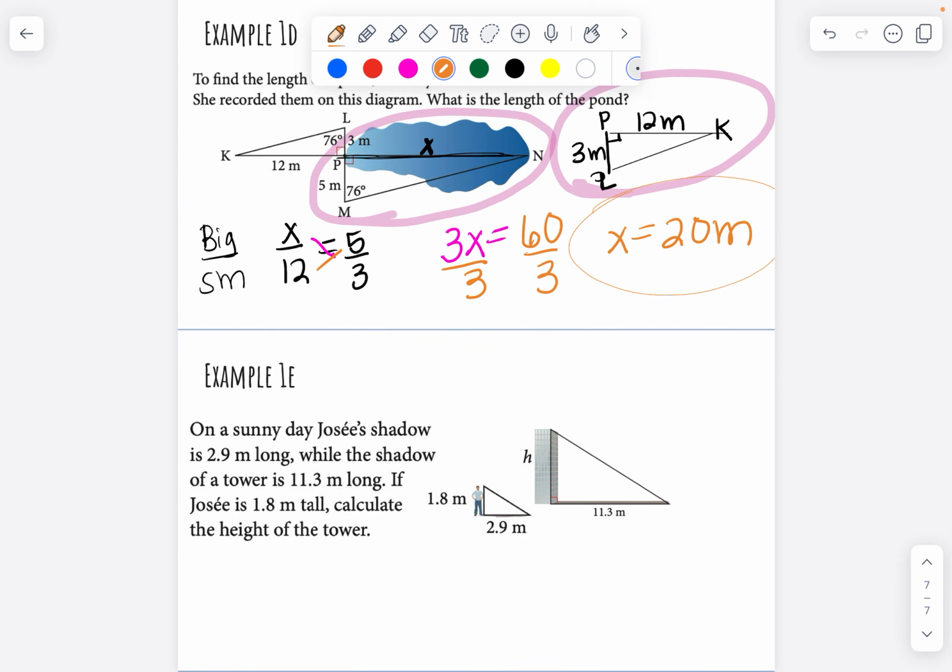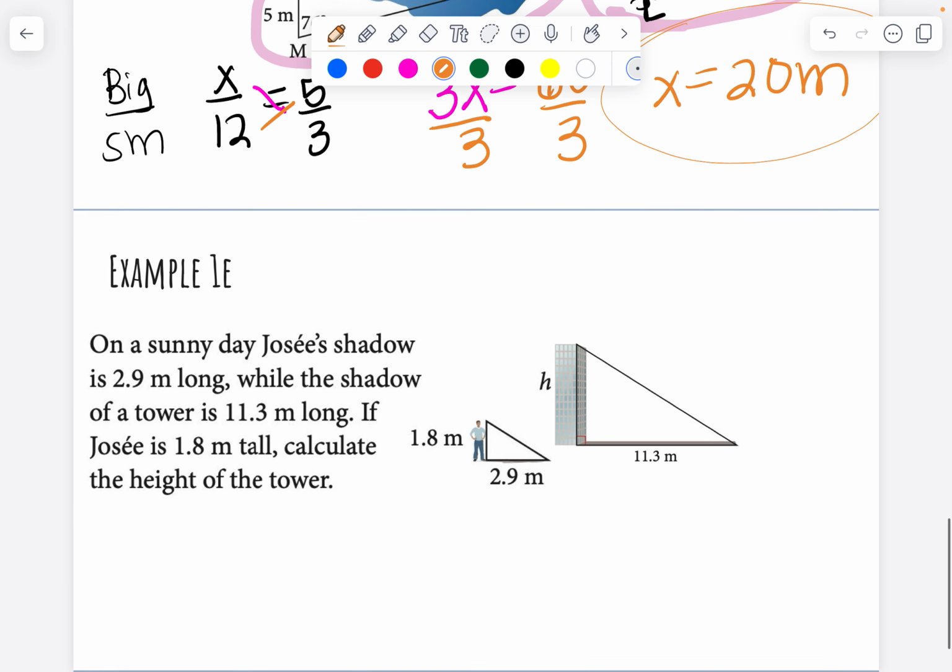Last one here. On a sunny day, Josie's shadow is 2.9 meters long, while the shadow of a tower is 11.3 meters long. If Josie is 1.8 meters tall, calculate the height of the tower. Here they already have the h there for us. So I'm going to do the small over the big.